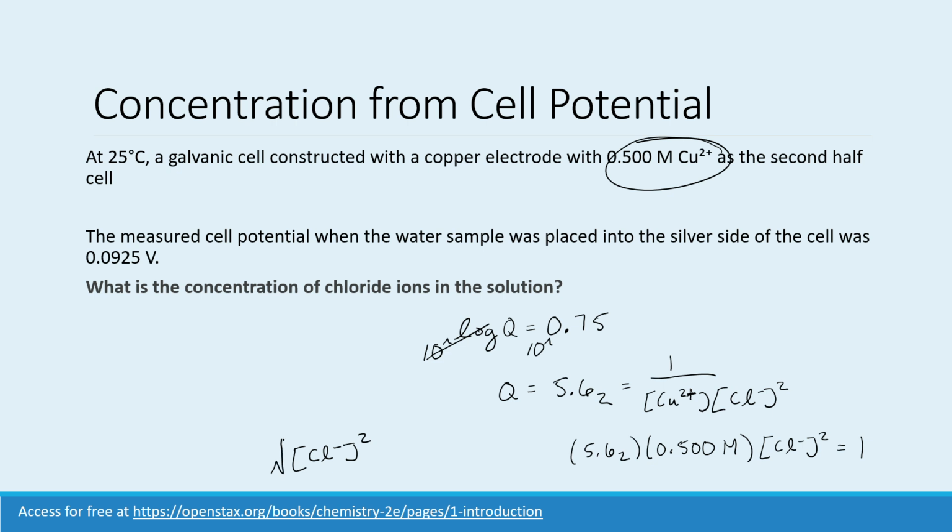And rearranging this, we will get that the concentration of that chloride ion squared, so we're going to have to take the square root of everything, would be 1 over 5.62 times the 0.5.